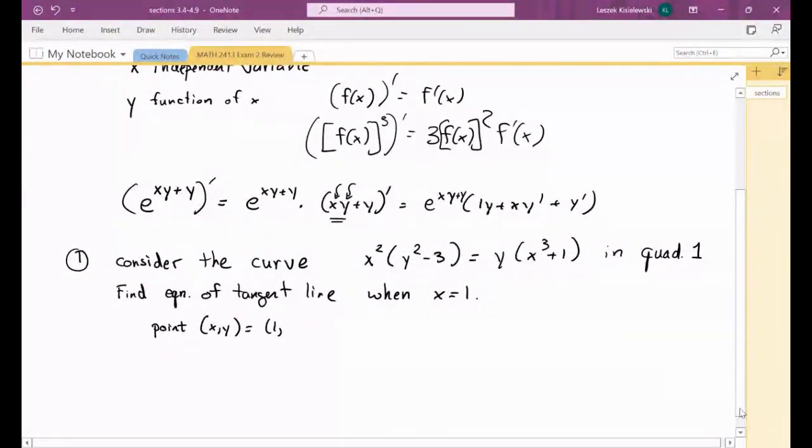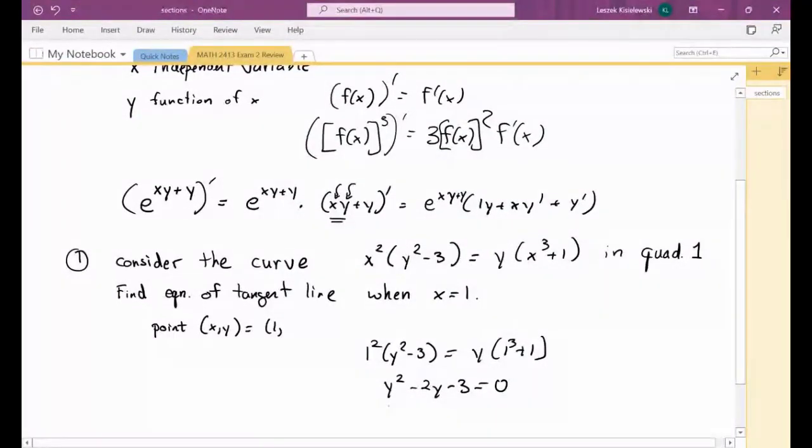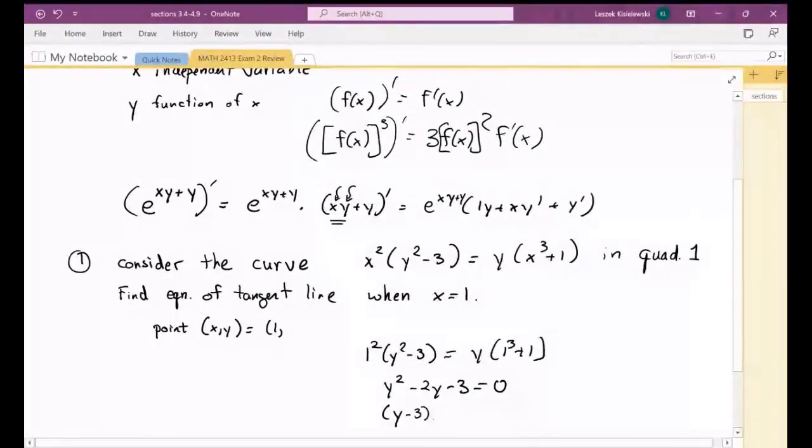But let's just, for giggles, try to solve for y when x is 1. So when x is 1, we'll get a quadratic in y. So we're going to get y squared minus 2y minus 3 is 0. And we can, well, use quadratic formula or simply factor.